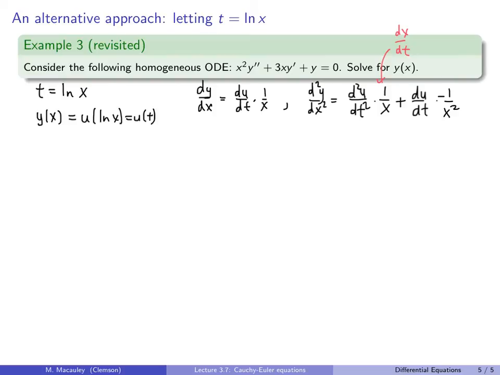So this here is the derivative dx of 1 over x. So what does this simplify to? 1 over x squared times u double prime minus u prime. And by prime, I mean this is in terms of with respect to t.